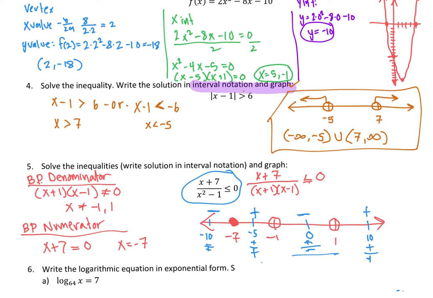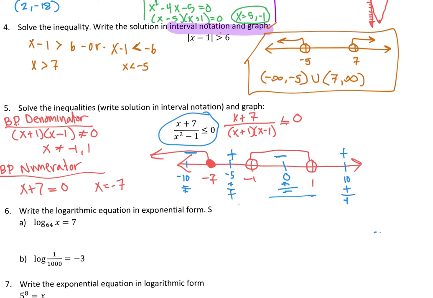Okay, so that's my sign chart. That tells me which regions are positive and which ones are negative. Now, we look at our original inequality. It's saying we want to find all the values less than 0. So all the values less than 0 would be negative values. So that means the regions that work will be my negative regions.